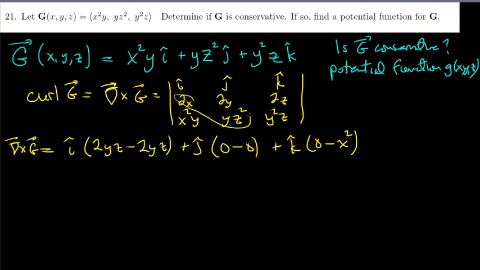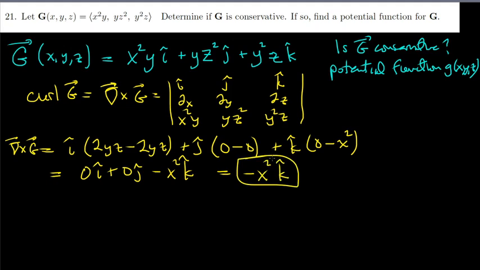Right? So the partial of this with respect to x is 0. And then the partial of this with respect to y is x squared. So unfortunately, right, the answer here is no. It's 0i plus 0j, but it's minus x squared k, or just negative x squared k. You can leave it like that.